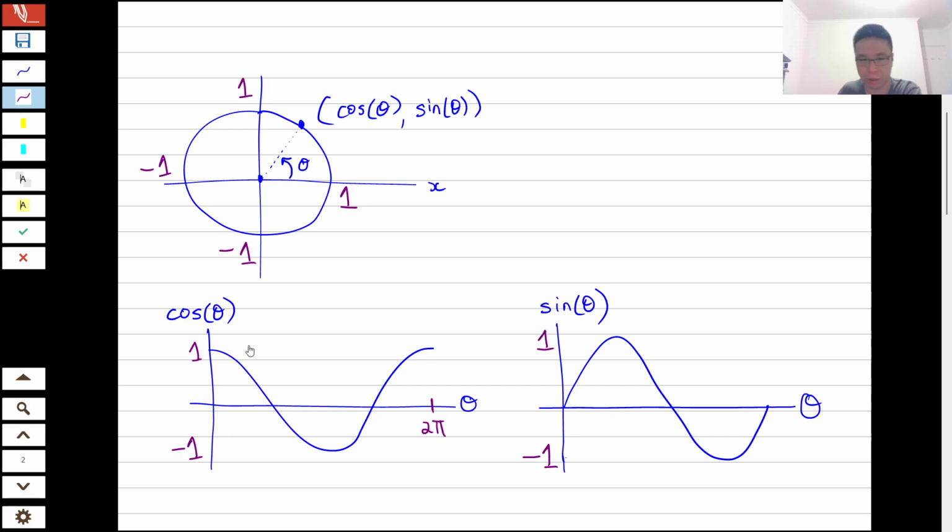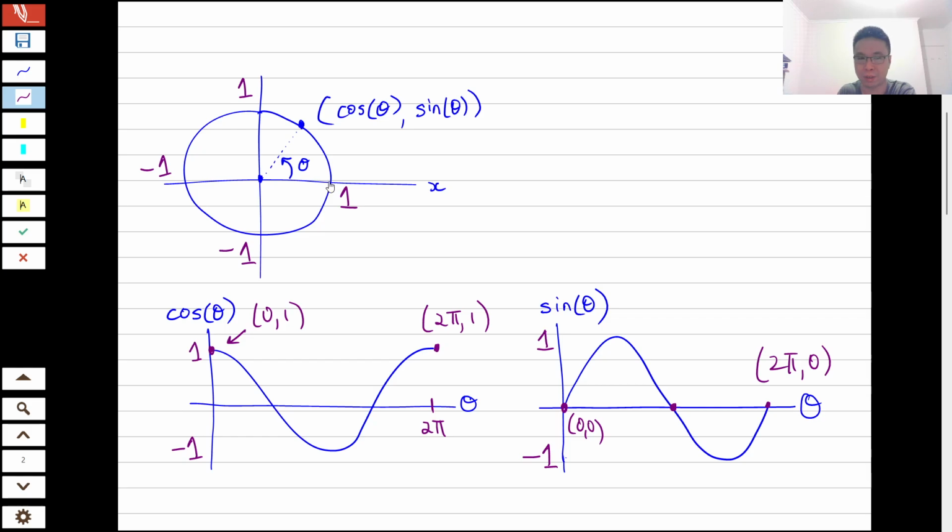I like to write coordinates, so I'll say this graph passes through (0, 1) and (2 pi, 1). And for sine theta, it passes through (0, 0) and (2 pi, 0). Now, I think sine is actually the easier one to analyze because it starts at 0.